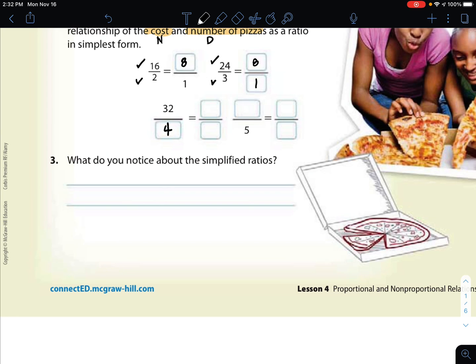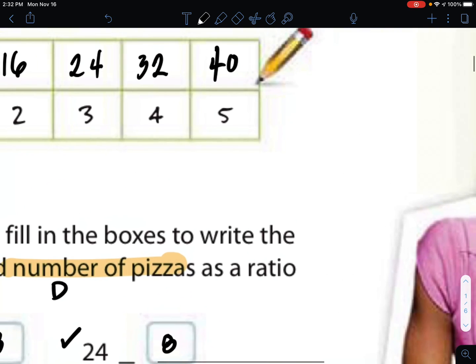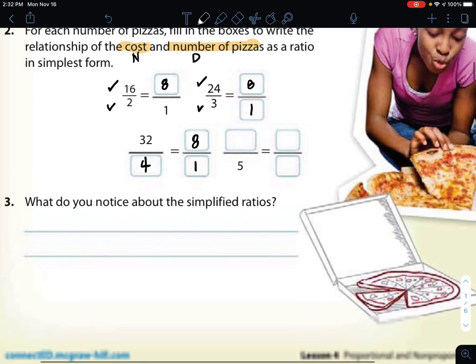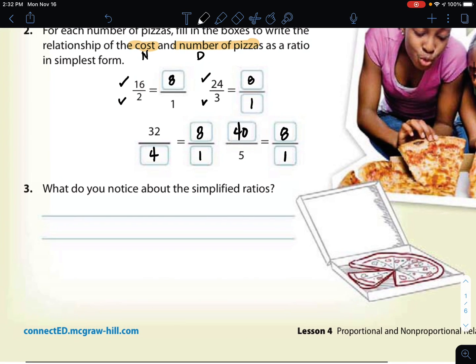Again, if I get the greatest common factor of 32 and 4, which is 4, and divide both 32 and 4 by 4, this also becomes 8 over 1. And on the last column, you have $40 for 5 pizzas. Again, if I simplify 40 over 5, this also becomes 8 over 1.